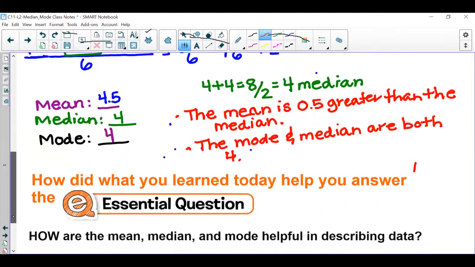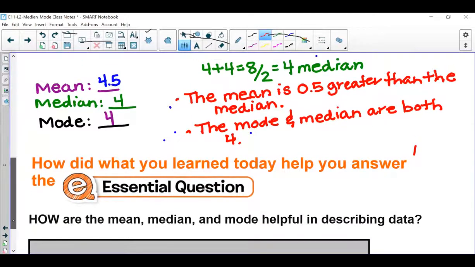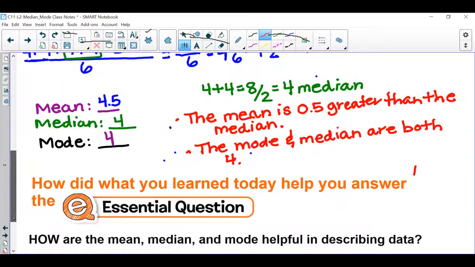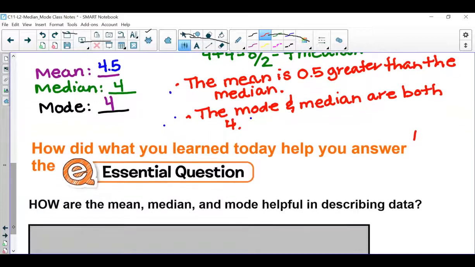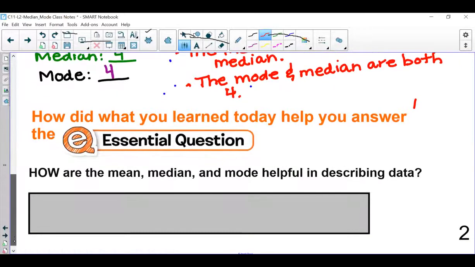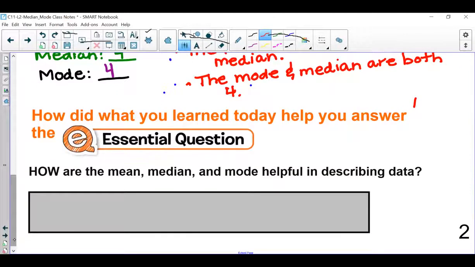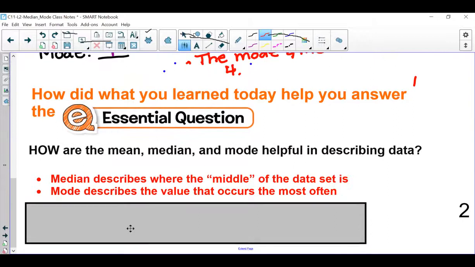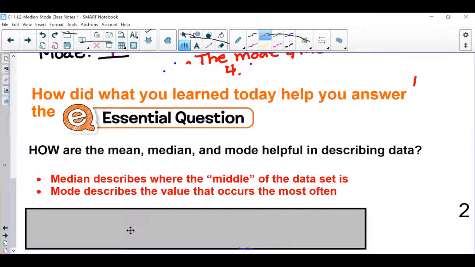Okay, our central question says, how are the mean, median, and mode helpful in describing the data? Basically, the median describes where the middle of the data set is.